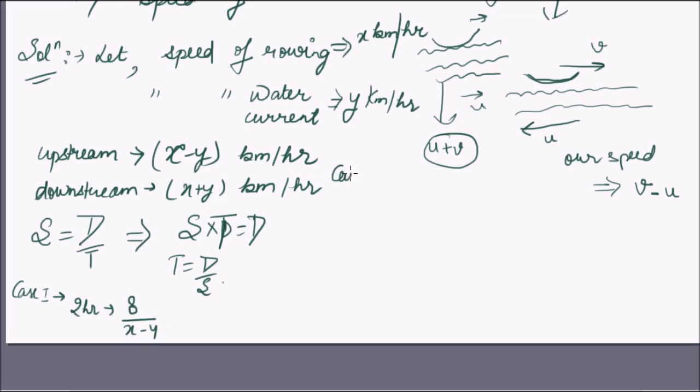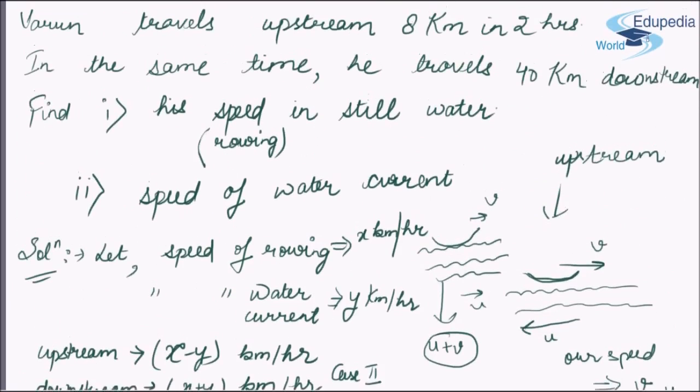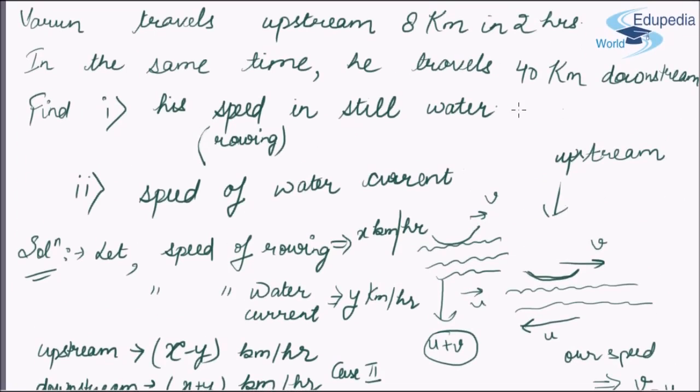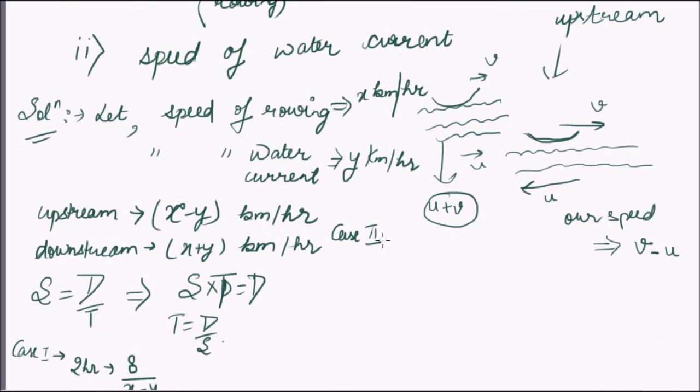Whereas the case second says he has travelled in same time 40 km downstream, that is, in 2 hours he has travelled 40 km downstream. For downstream, x plus y.